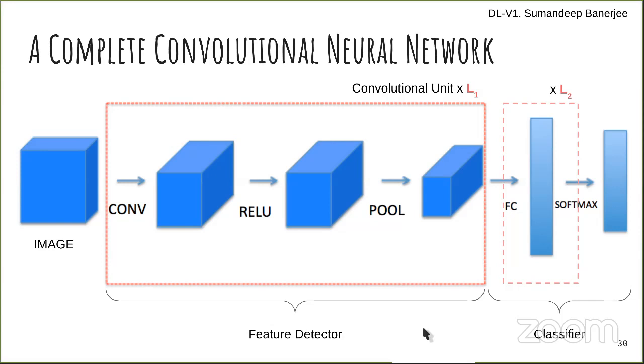People have even tried convolutional feature detectors connected with, say, support vector machines as a classifier, and that also works. There are some applications, some papers which have done this kind of stuff, and they have had some success. So the classifier technically could be independent from the feature detection.